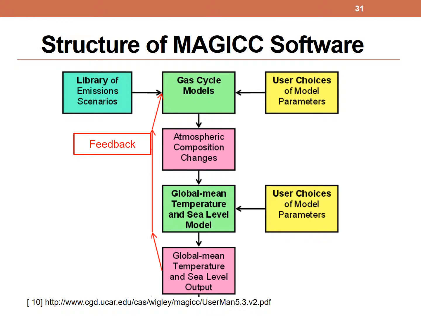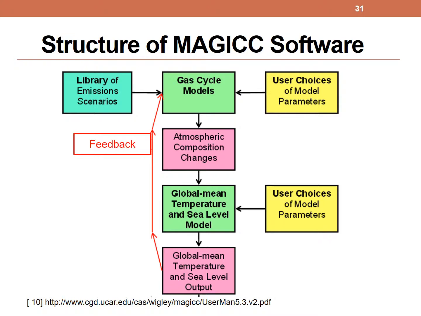Here what you see is the structure behind the MAGIC software. It starts with a library of emission scenarios. This is where we manipulated the input files to reflect the injections of 1, 5, 10, and 20 million tons of sulfur dioxide a year. These input files go into the gas cycle model. Where you see the user choices of model parameters is where we set the climate sensitivity to 1.5, 3, and 4.5.